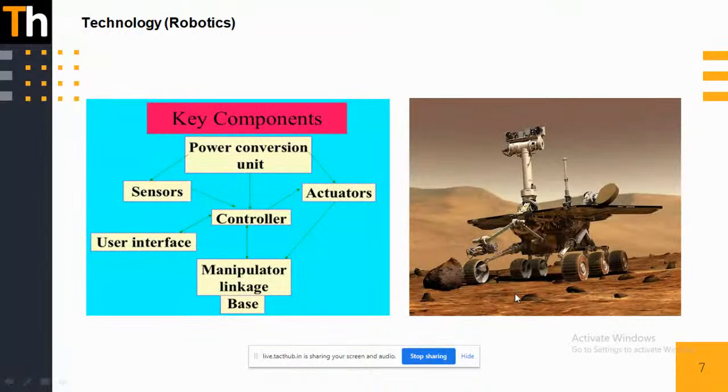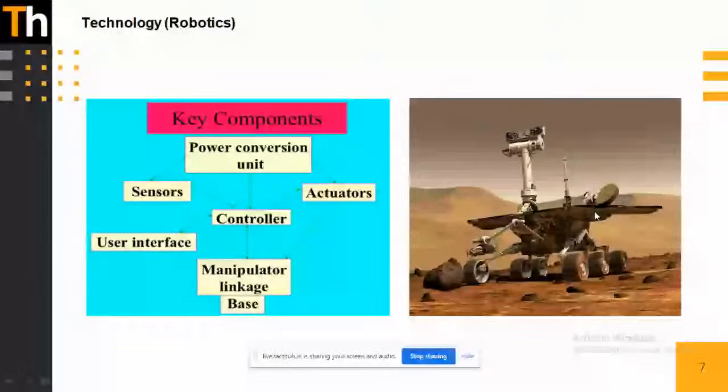The external environment has its own embedded system, which communicates through this antenna to the network, the orbiter or the space vehicle which is moving around, and will send it back to the earth.